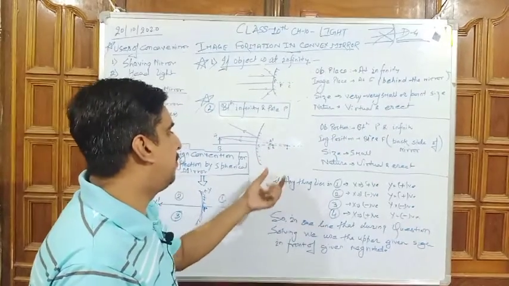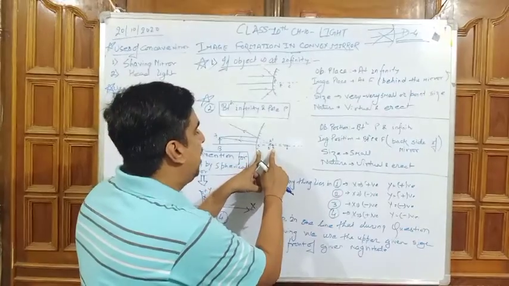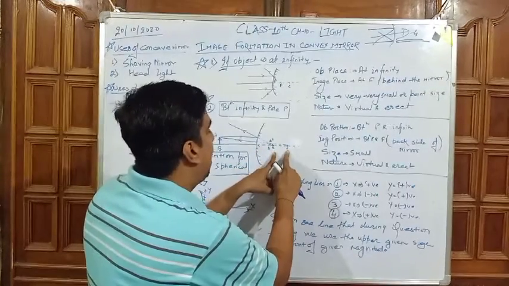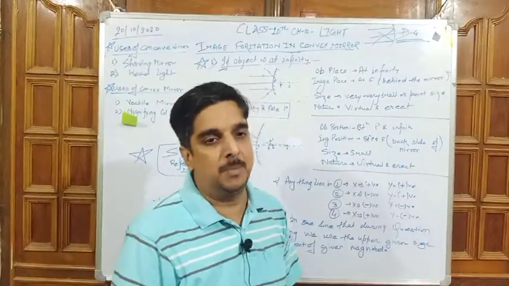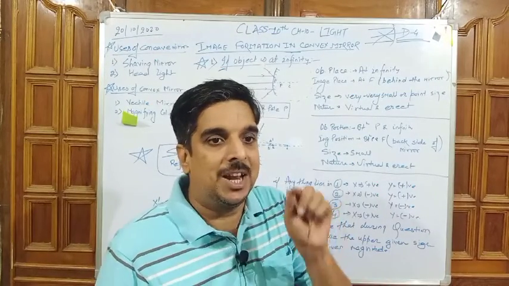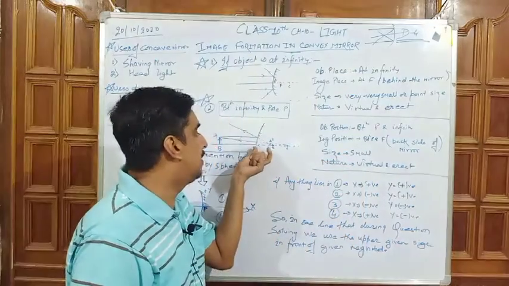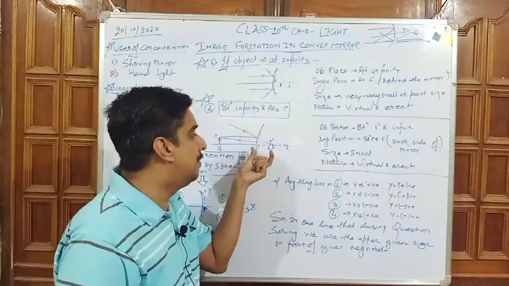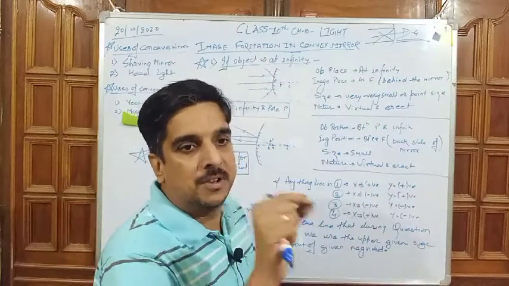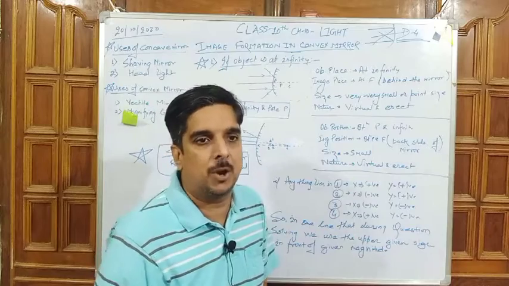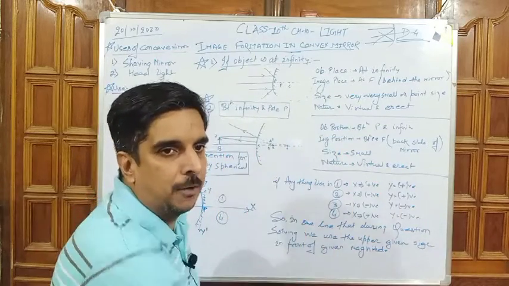And again, for finding C, we have nothing to do, just measure P and F. Again we will take the distance PF, and where it comes, that will be considered as C, because I told you earlier that F is equal to R by 2. So whenever they intersect, that will be known as the C point, the radius of curvature of the convex mirror, which will also be present on the back side of the mirror.